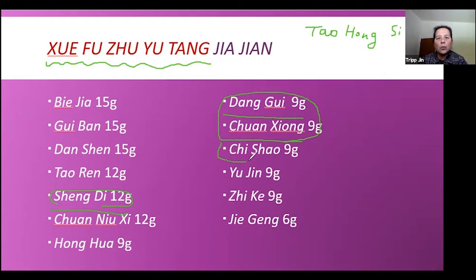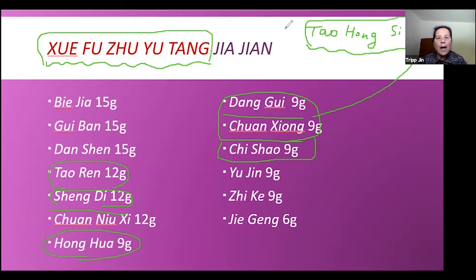But they changed 白芍 to 赤芍, which clears more heat. So basically we have the 四物汤 idea in here, plus 桃仁 and 红花. That's 桃红四物汤. 血府逐瘀汤 is modified from 桃红四物汤, still a formula for moving blood, adding more herbs.